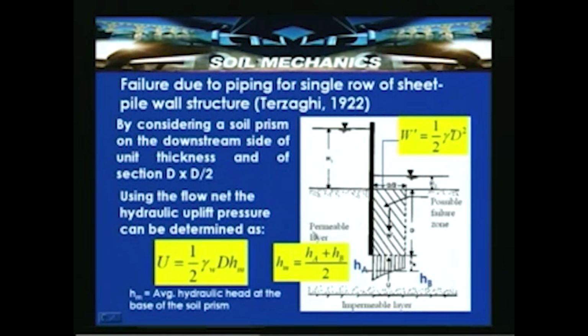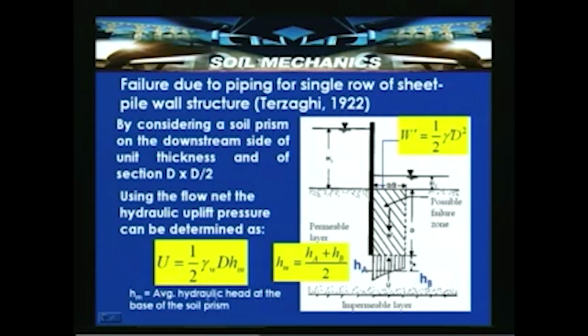Once Hm is known, we can find the uplift pressure exerted at the base of the prism by the pore water pressure existing at that point. As the flow takes place from the upstream side there is a dissipation of pore water pressure, but based on what exists at points A and B, we calculate the total heads, and that is used for calculating the hydrostatic uplift pressure.